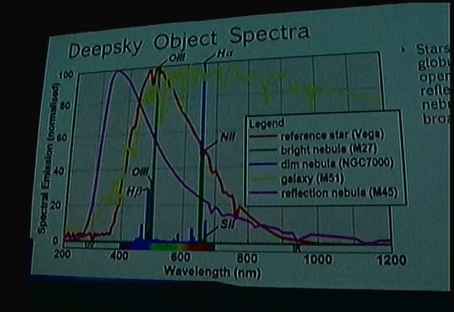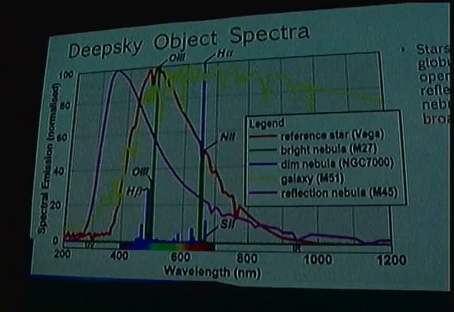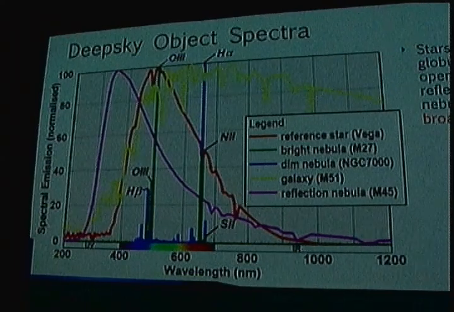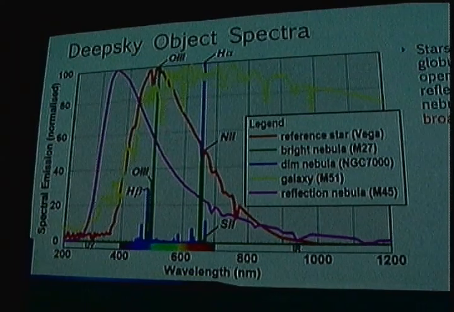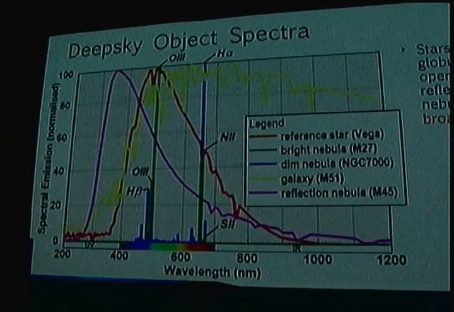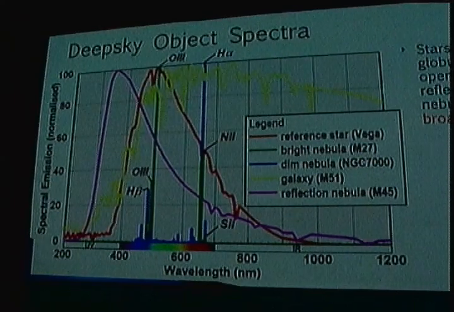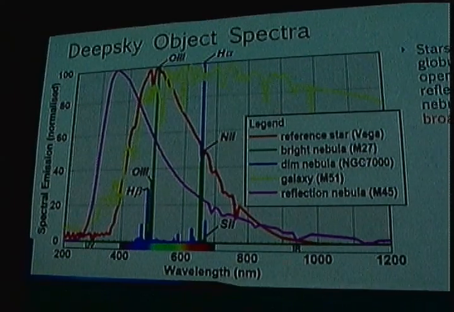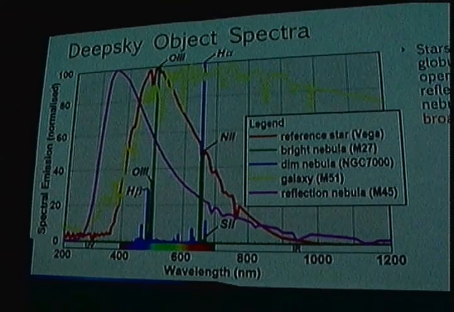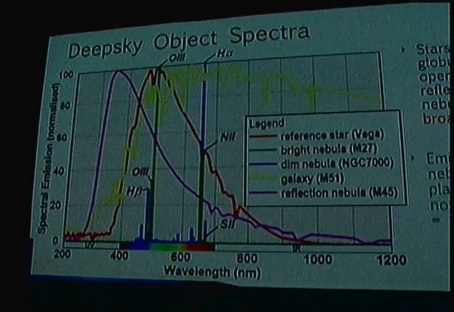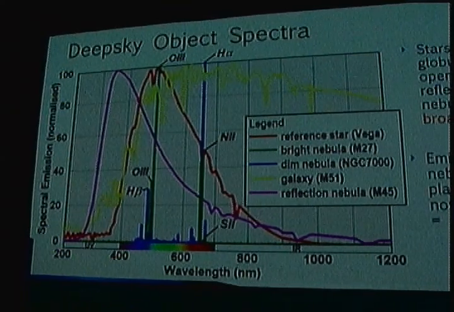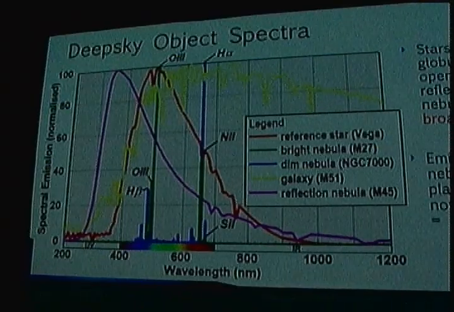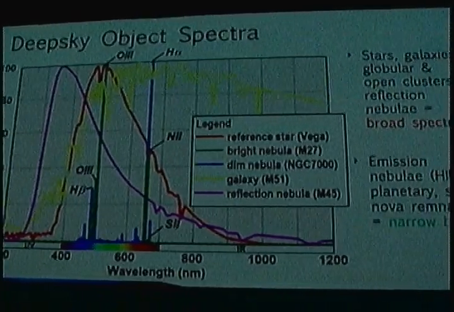This includes reflection nebulae, globular clusters, open clusters, and galaxies. Objects that we see because of energized gas, like hydrogen or oxygen, are considered to be narrowband emitters. Examples of this group include H2-rich star-forming regions, planetary nebulae, or supernova remnants.